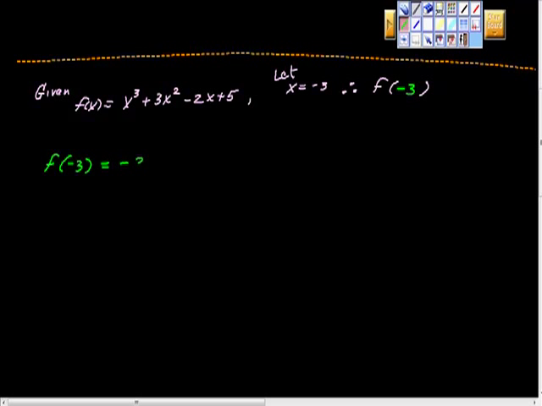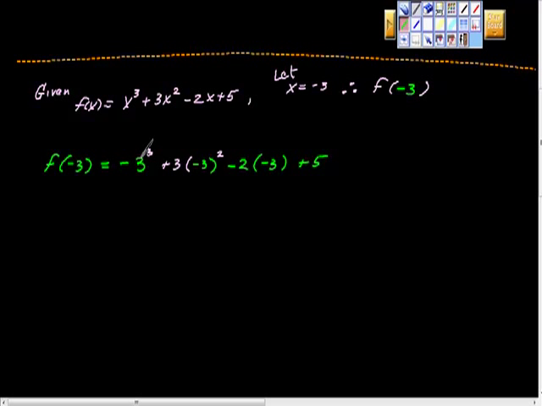So we have -3 cubed, plus 3 times -3 squared, minus 2 times -3. I think my color coordination just went out the window, didn't it? Plus 5, sorry about that.